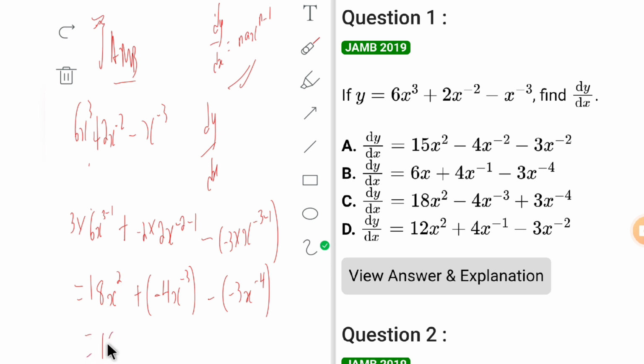So we have 18x squared, minus 4x raised to power minus 3 plus 3x raised to power minus 4. And we can check our options clearly. You see that this is option C. For exam past questions, you can clearly see this is how you do this.